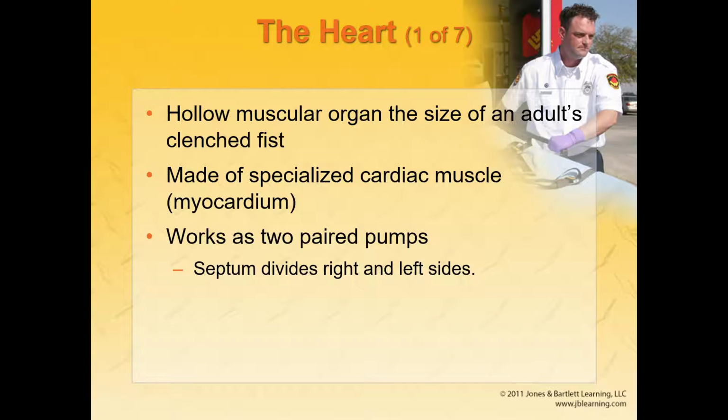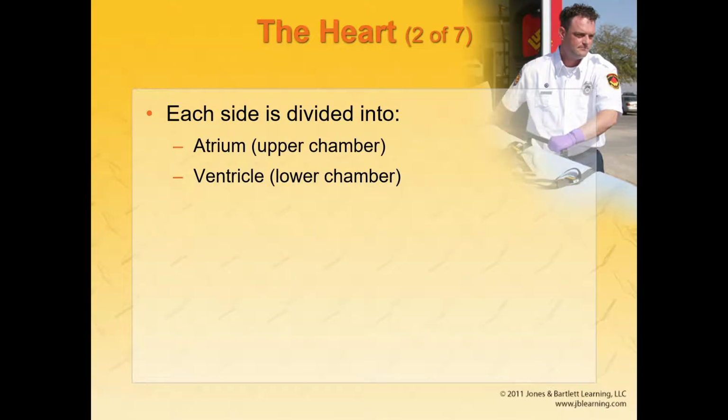The heart works as two paired pumps. You've got the upper portions of the heart, which are the atria, and then you've got the lower portions of the heart, which are called the ventricles, and the two pumps work to squeeze top, then bottom, top, then bottom. In between the two, there's a septum that isolates the right from the left.